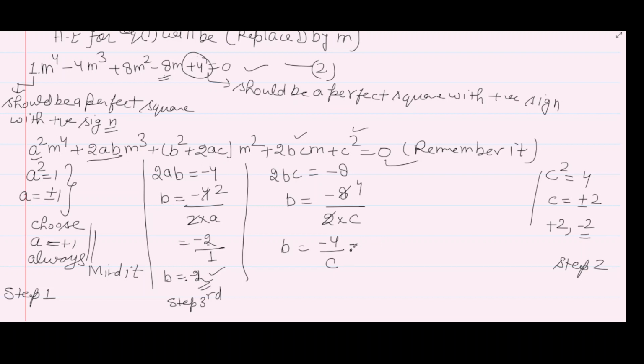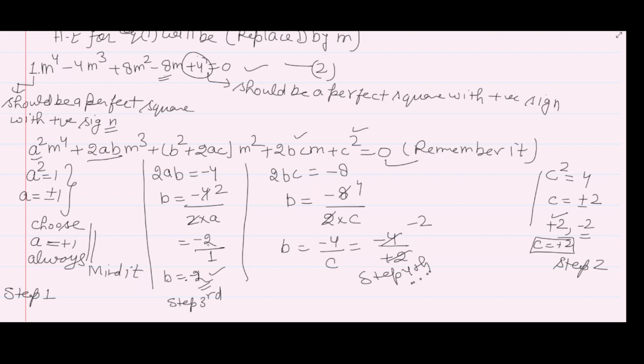Okay, so we should put the value of c plus 2, because by taking c equal to plus 2 we will have the value of b minus 2. Okay, so this is the step 4th and final step.